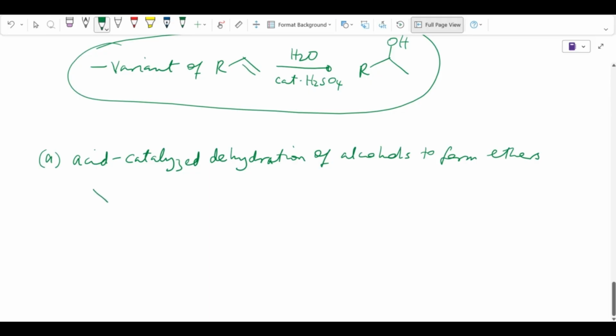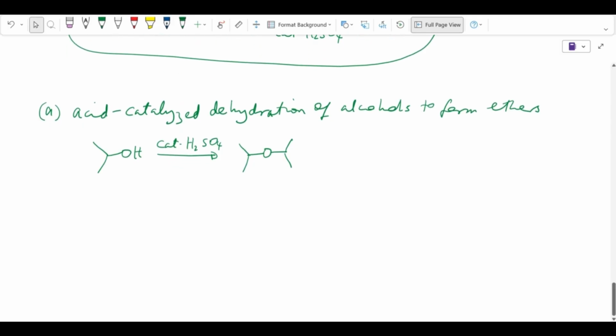What this simply means is that we're going to be reacting excess of the alcohol, or two equivalents of the alcohol, with catalytic sulfuric acid, or any catalytic acid at all. So this is going to form an ether.